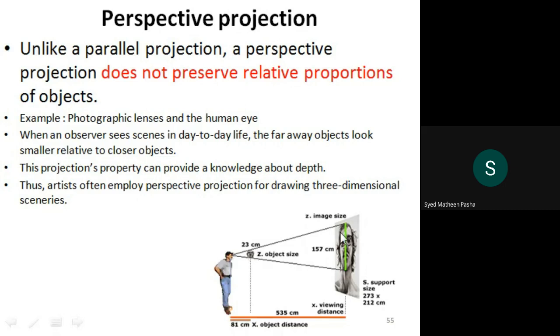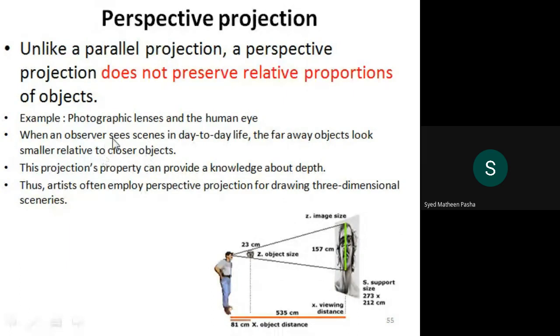I can tell the face is a very important part of that image, so that object is visible to a human eye with respect to different dimensions, viewing distance, object distance, and the important concept of image size. So it depends on all the parameters of that particular image. So that is an example of perspective projection.